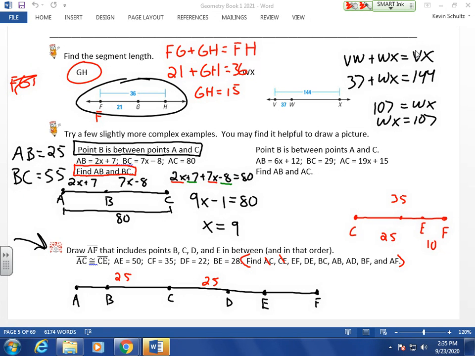Sometimes when you're solving an equation you might be thinking, why do I care what x equals? When am I ever going to use this? Now we're using it for a purpose here, right? The rest of your assignment is to finish this one that we didn't do together, and find the rest of the segment lengths we have yet to find: DE, BC, AB, AD, BF, and AF.